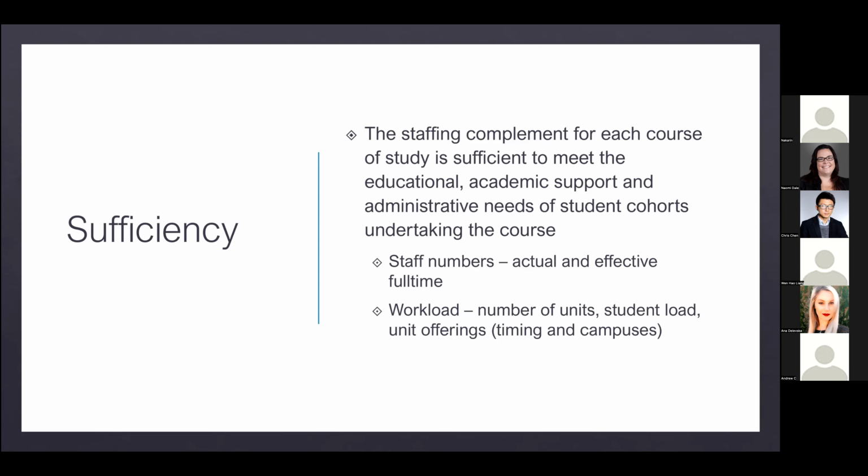I know this can often be a challenging component across institutions, both in universities and TAFEs and other higher education providers, but also the workload that the staff have to undertake. So within sufficiency, we're looking generally at the staff numbers, but also the workload that they have to deliver across this program.